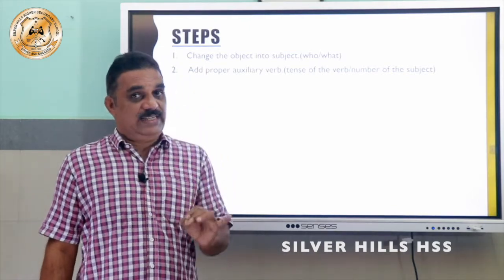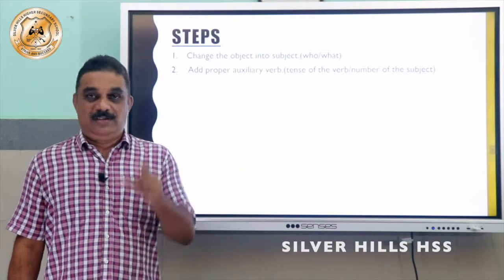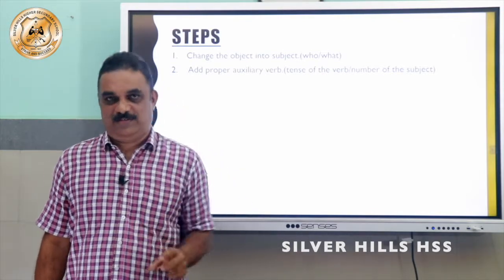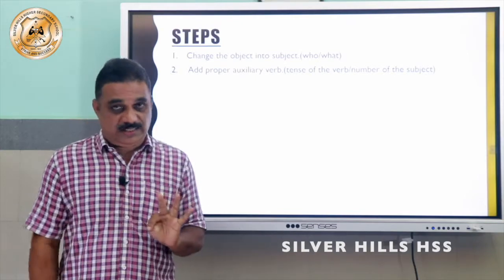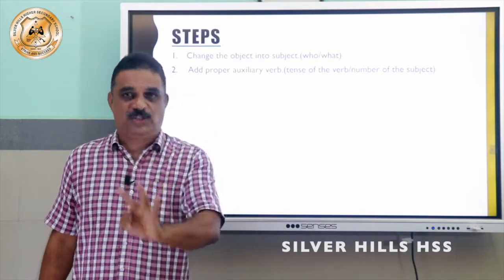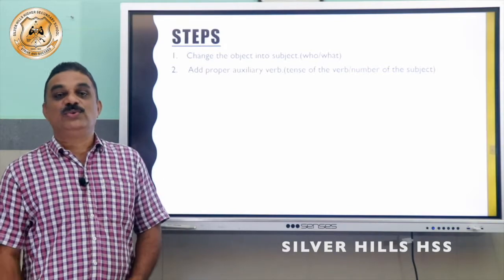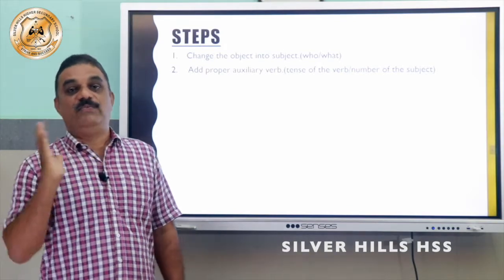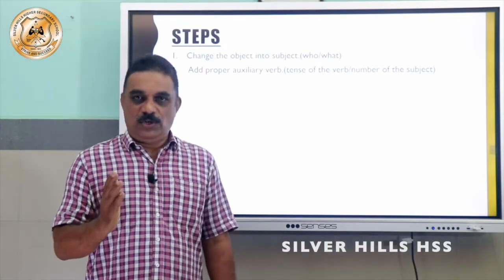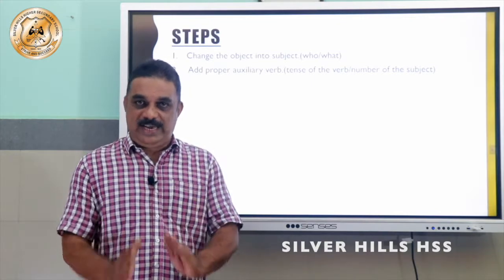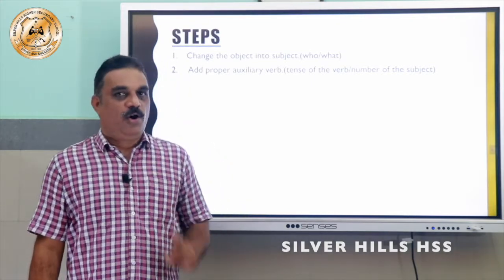If the tense is present, take present auxiliaries. If it is past tense, consider past auxiliaries. If it is future tense, you have to use future auxiliaries like will, shall, and all. So, depending upon the tense, you have to add auxiliary verbs.